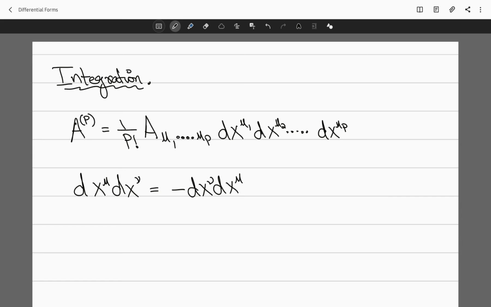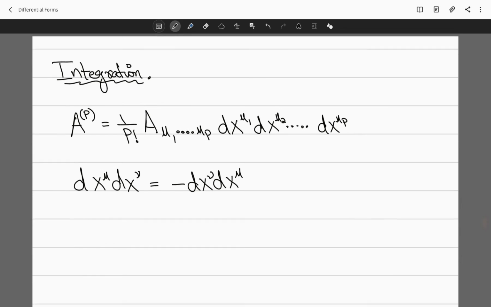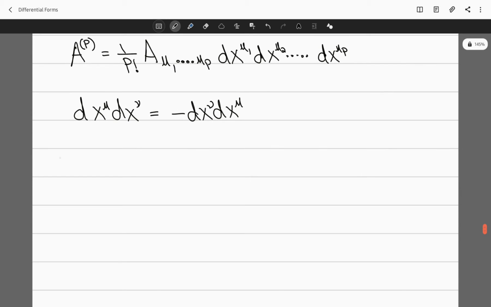But you might ask why, right? Well, for that, consider this 2-form, that is simply equal to 1 over 2 A_{mu nu} dx^nu dx^mu, right?